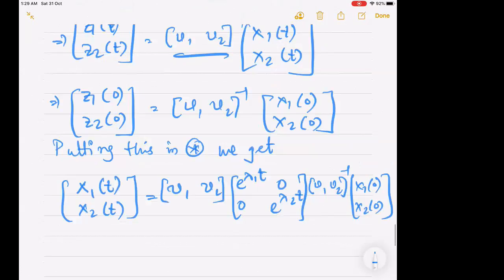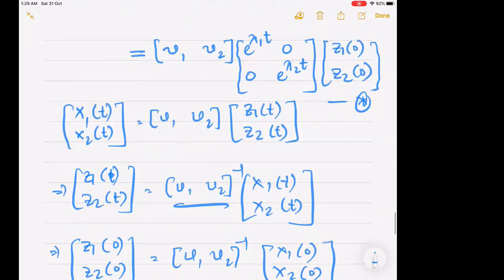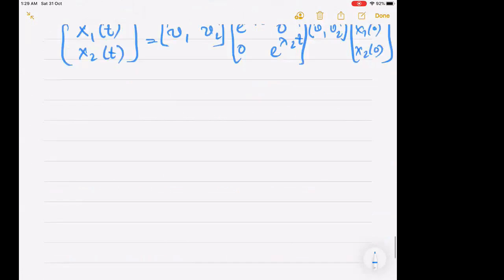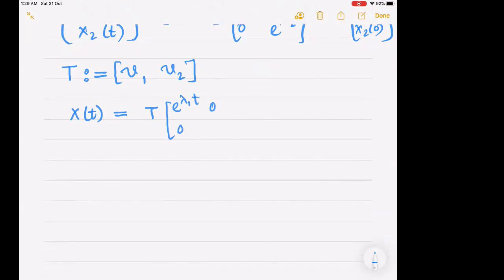Now, geometrically, what this means is that if we call this matrix T, which happens to be v1, v2, then the solution is x(t) is equal to T, then this diagonal matrix, T inverse into x0.